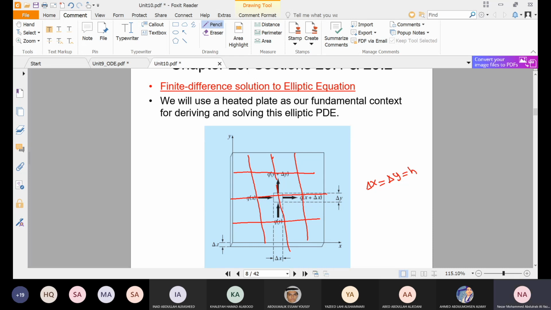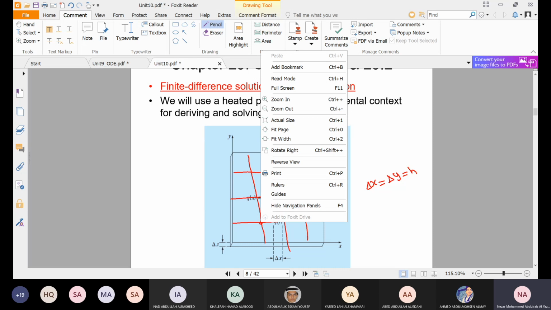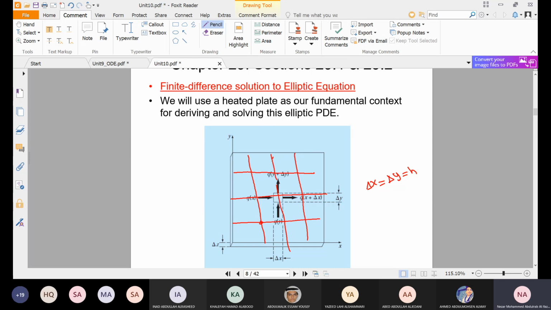So what we have inside is just the grid of square terms. After that, we want to compute the temperature at these nodes inside the grid. By knowing the values of the temperature at the boundaries, we have different temperatures here.